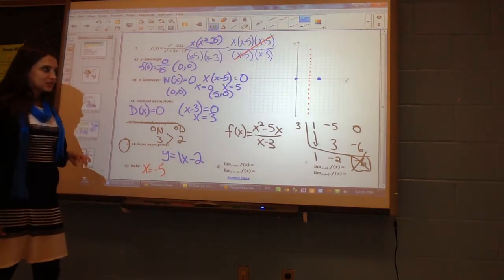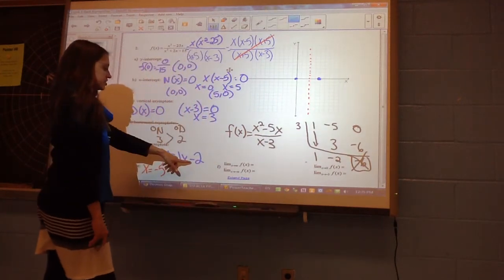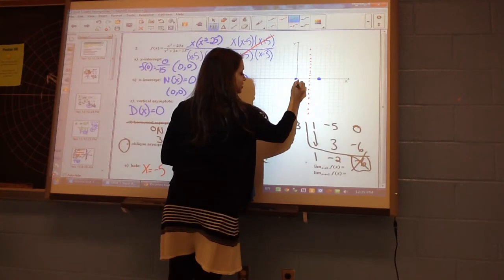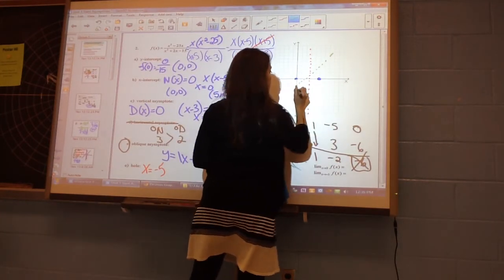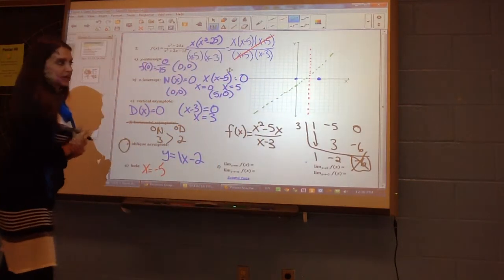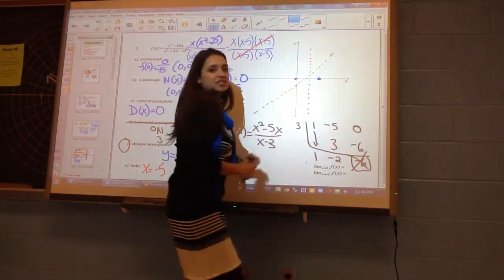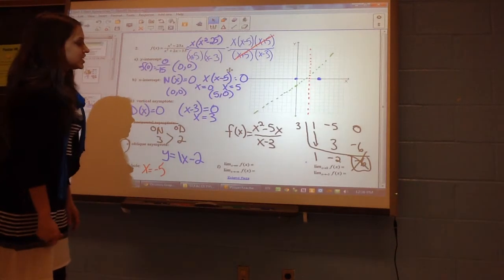1x minus 2. So let me graph that on my line. That is a straight line with a slope of 1, a y-intercept of negative 2. Right, like that. So this green and the red line are my overall guides for my graph.